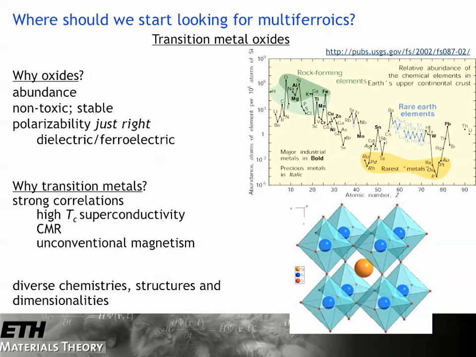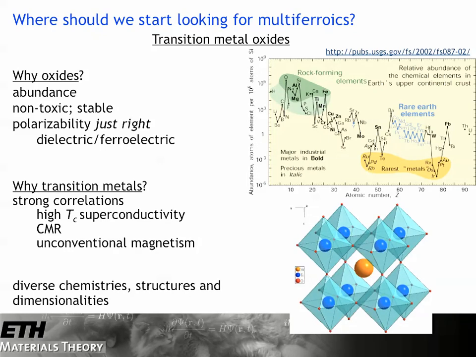On the other side of the periodic table, in the fluorides, you have very strong ionic bonds, which again are not very perturbable by external fields. The oxides are just in between, and as a result have very strong polarizabilities, which are desirable for dielectric and ferroelectric properties.